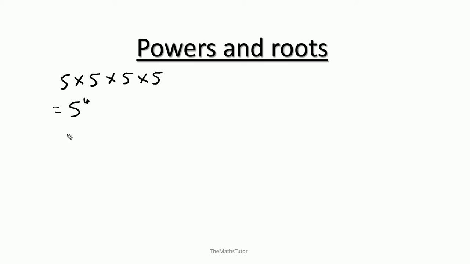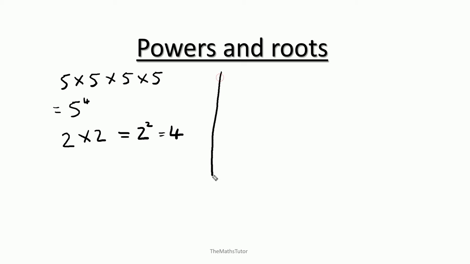So a simpler example would simply be 2 times 2. It can be shortened to 2 squared, which is of course just 4. Now, root is the opposite of a power essentially.